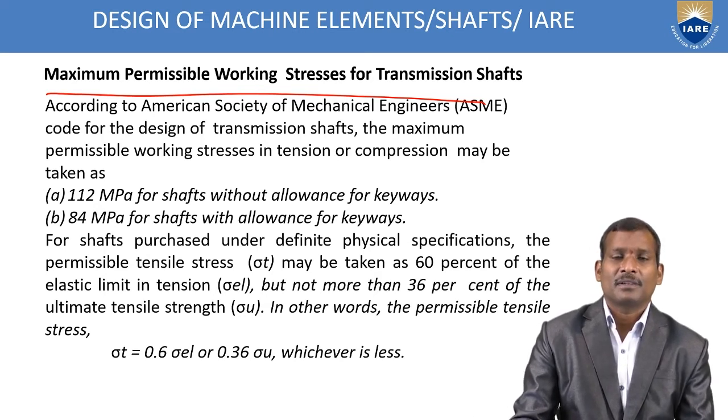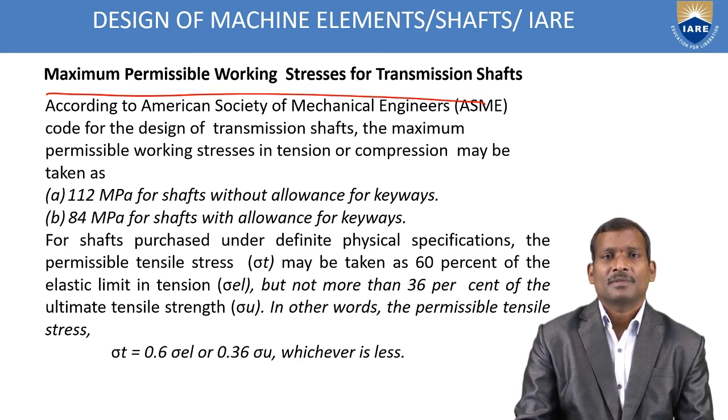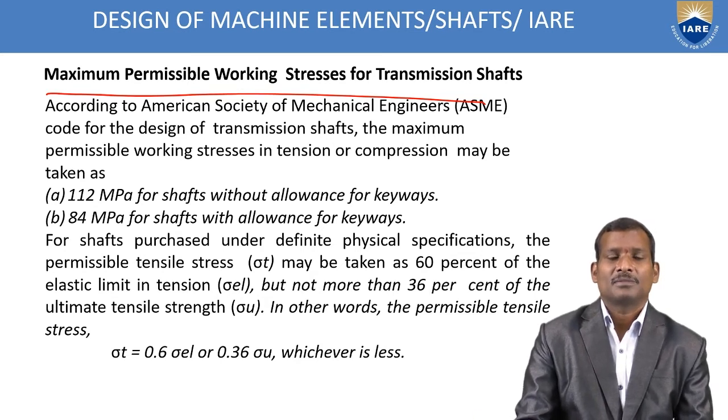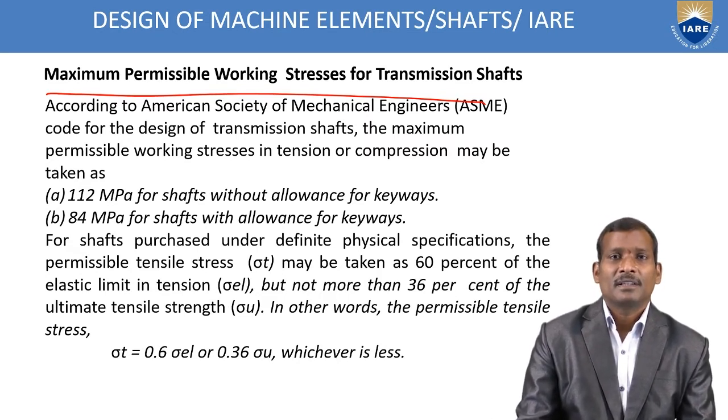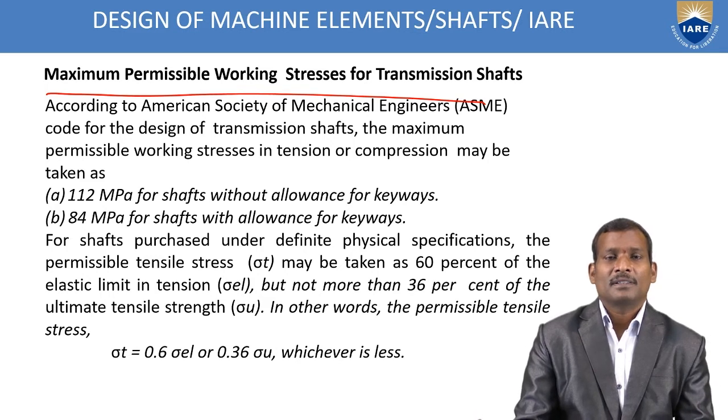All industrial shafts are transmission shafts. They transmit torque as well as bending moment. But in the case of a machine shaft, it is not like that. The shaft is integrated with the machine itself.